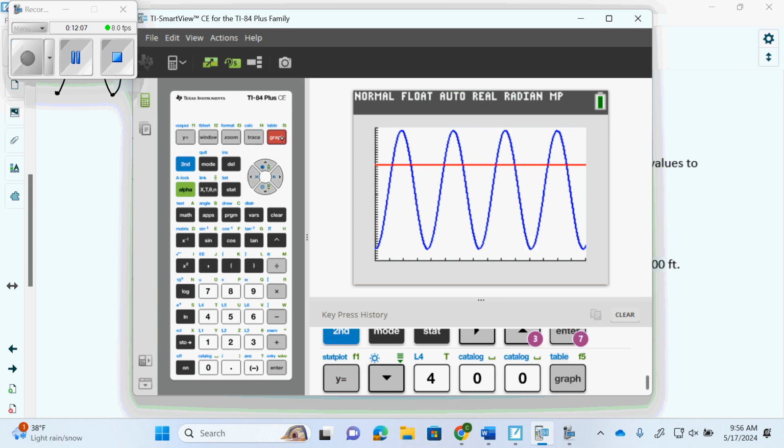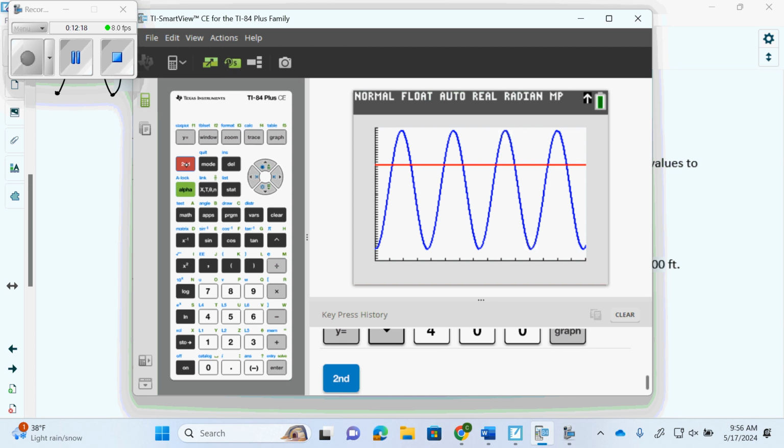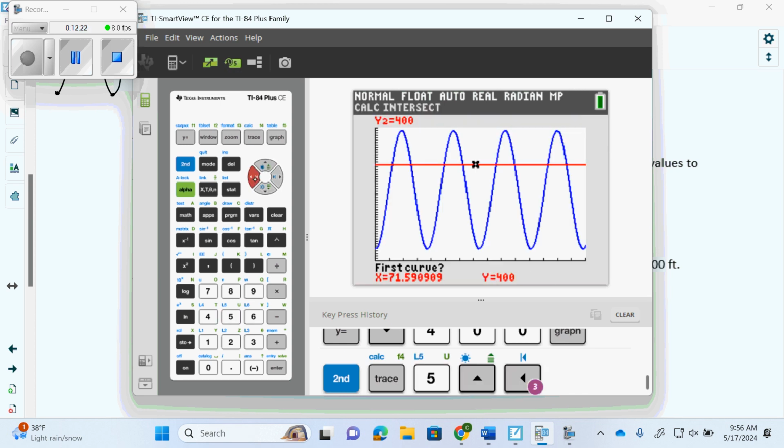And I need the second time, because it says that, right? So I'm going to do second trace 5, find the intersection, and I go to the second time, so this one, right? Arrow up if you want to get on that flat line. And now I need to get close to that second time. Enter, enter, enter.